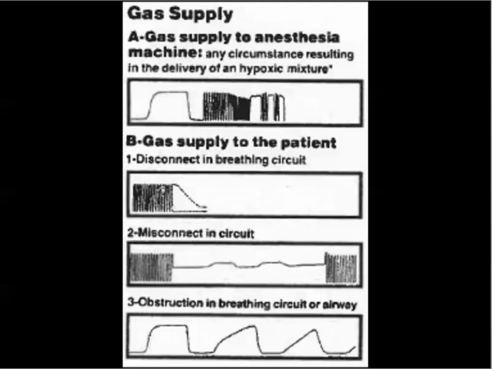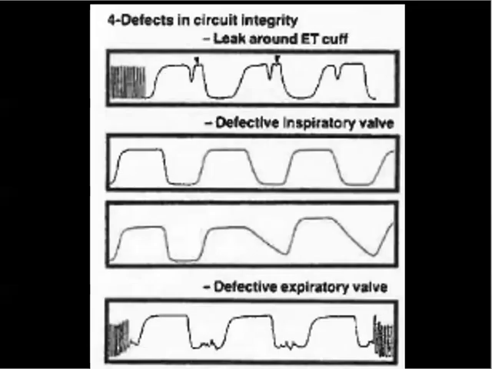And if there's disconnect, misconnect, obstruction in the breathing circuit, that's number 3 here, very important one. And leaks, defective inspiratory valve, defective expiratory valve, that's classic exam question stuff right there, where you have a capnogram like this in the question and saying, what's this? And it gives you choices.